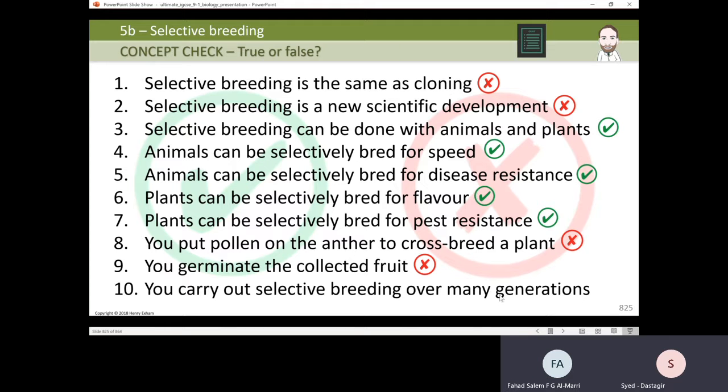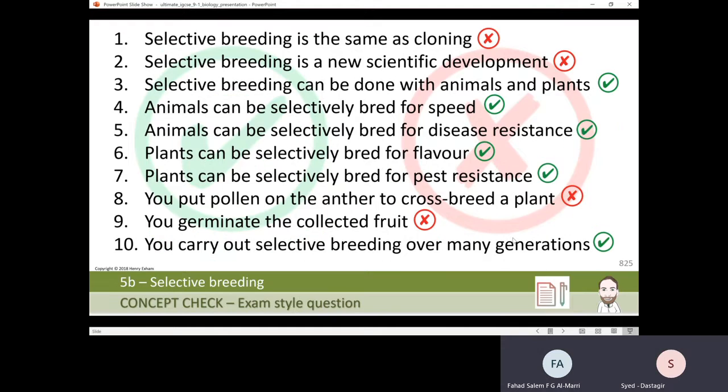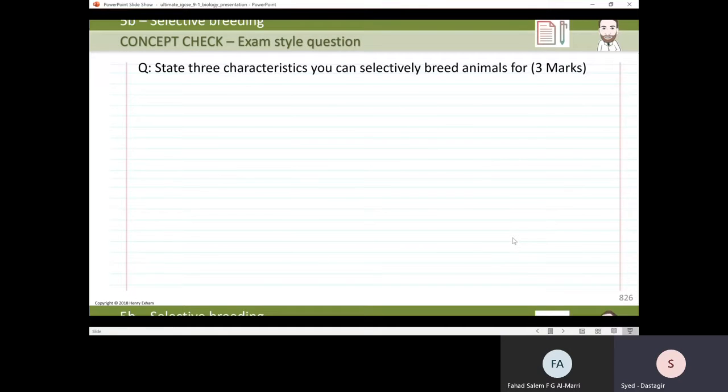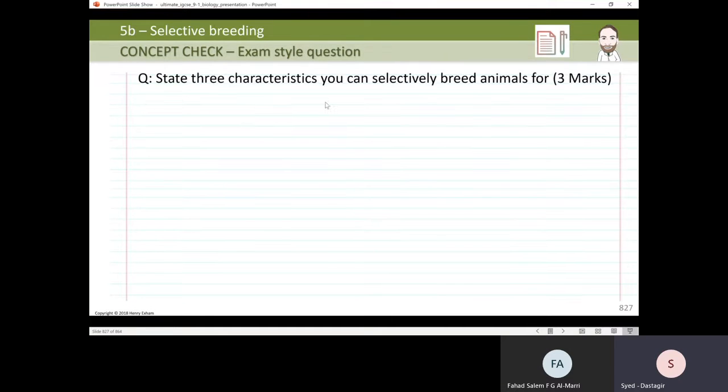Yes. Good. Right, so have a look at this question. State 3 characteristics you can selectively breed in animals. I'm just going to give you a minute to think about it, and then I'm going to ask you, which will give me a chance to assign you a new assignment.